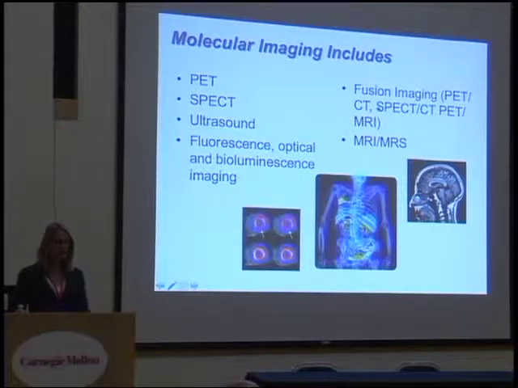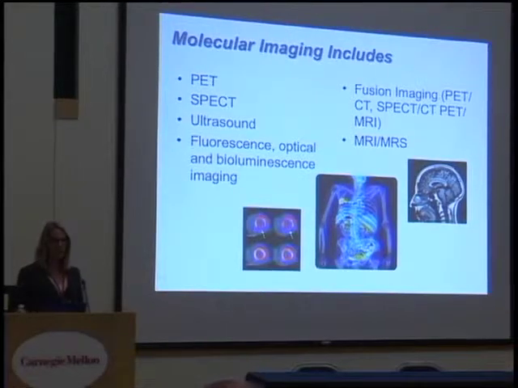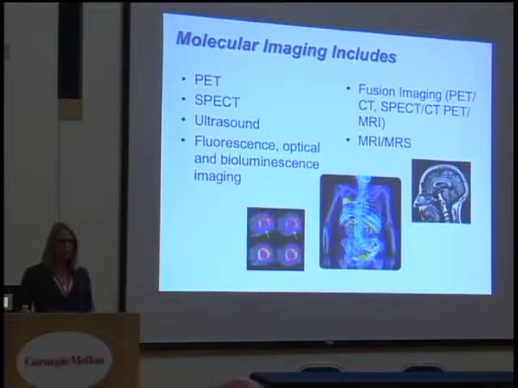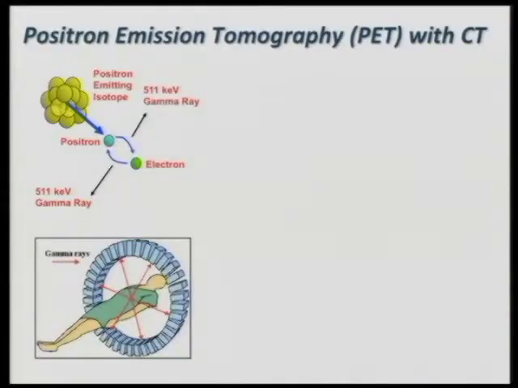A PET-MRI, or MR-PET, depending on what side of the equation you come on, and I'm on the PET side, was installed back in May, and I think they're going to get started on their first patients very soon. Magnetic resonance spectroscopy is also another molecular imaging modality. I'm going to really be focusing on PET and with CT, and more on the preclinical, so in small animals.